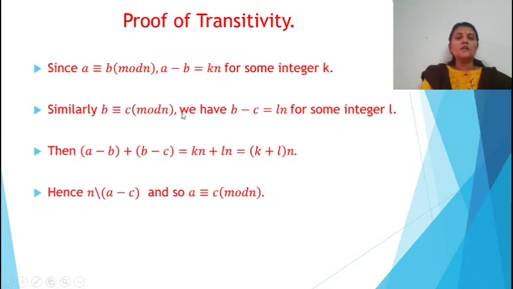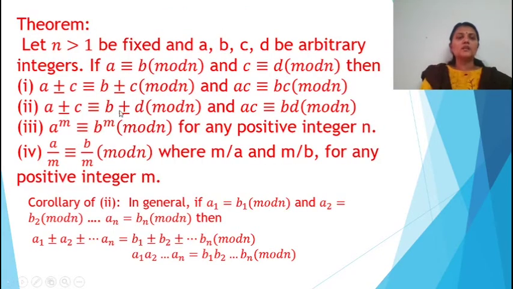Now we can add these two, a minus b plus b minus c, which is equal to kn plus ln, which is equal to k plus l into n. Now this b and b cancel, so this will be a minus c, that is a minus c equal to k plus l into n, that is n divides a minus c, so a congruent to c mod n.